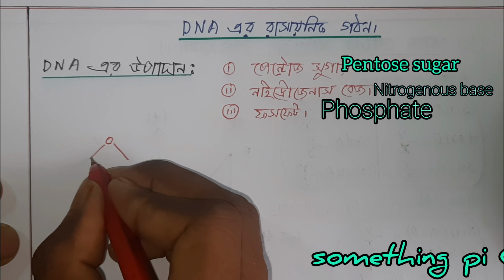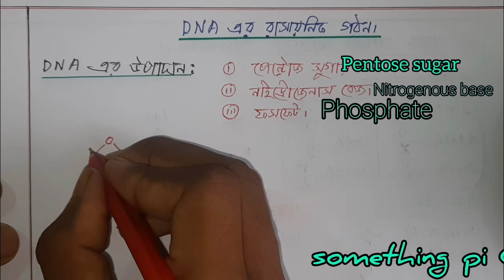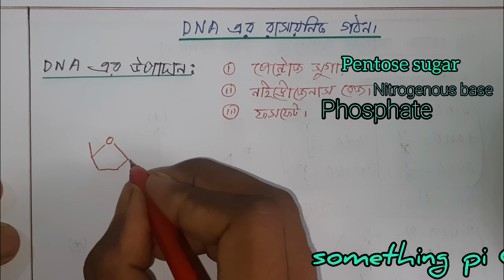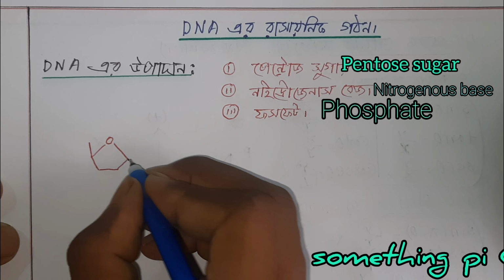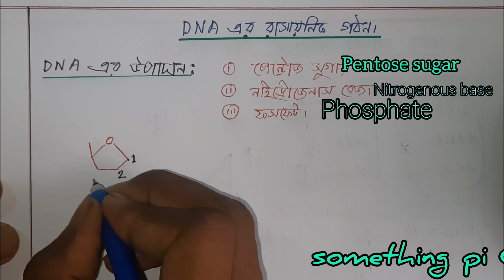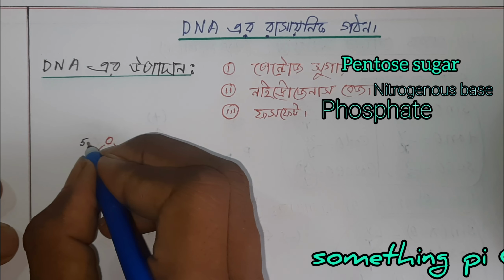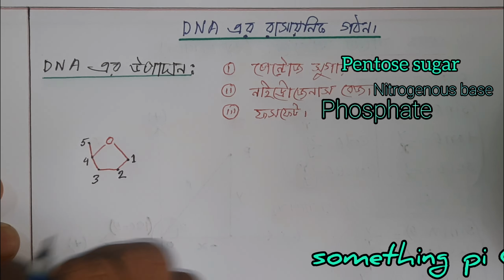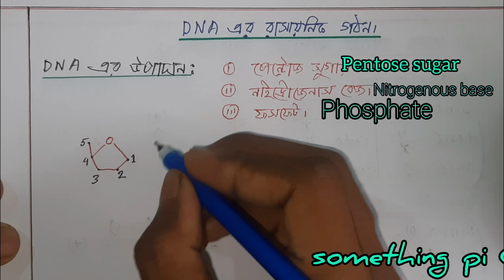If we want to see the chemical or skeleton structure of pentose sugar, this is a type of pentose sugar. This is ribose. We know the formula of pentose sugar is CnH2nOn. We know there are 5 carbons, marked 1, 2, 3, 4, 5, which are the positions of carbon.